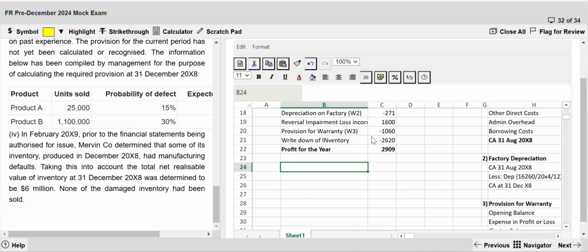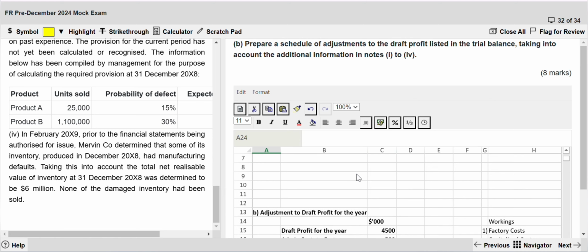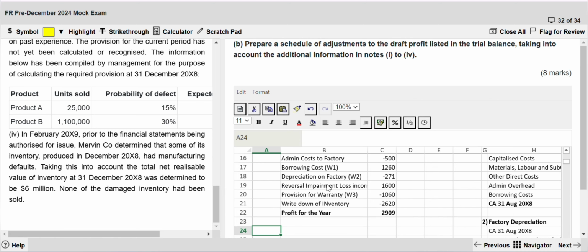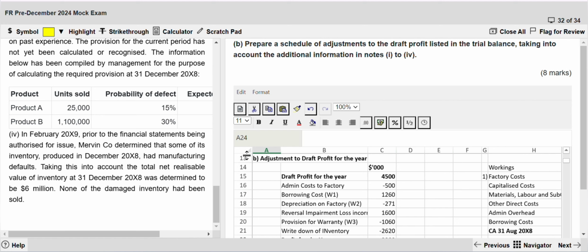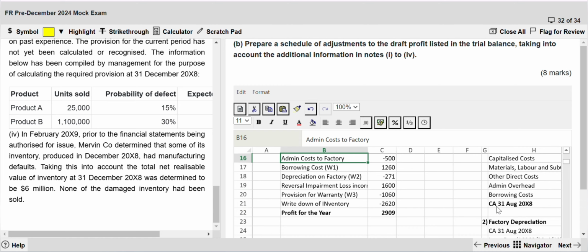Okay, clear? Next time we will do the B. Correct? Statement of financial... Oh, that's the next requirement, no? Okay, that's C. Shall I move to the next one?